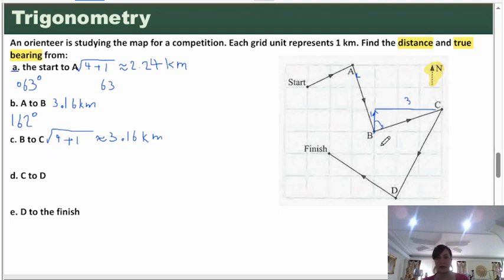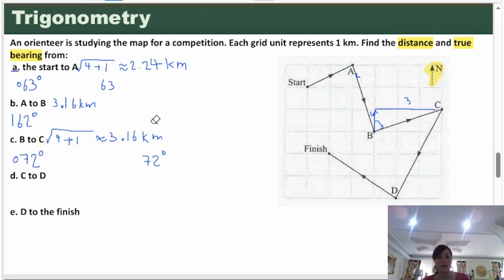And for bearing, it's enough I only find this angle, which is, I say, theta equals inverse tangent of 3, the opposite side, over 1, which gives me almost 72 degrees, but I have to write in 3 digits, so I say it would be 072 degrees.